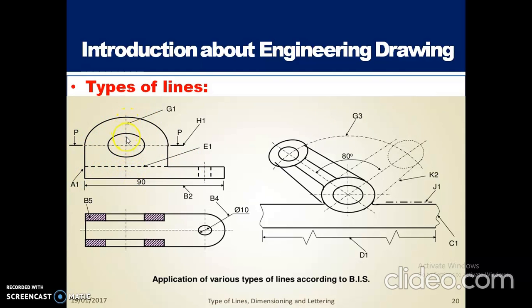Long dashed dotted lines are used to draw center lines. These are the center lines, or axis lines. Center lines are used to represent the center part of the object.